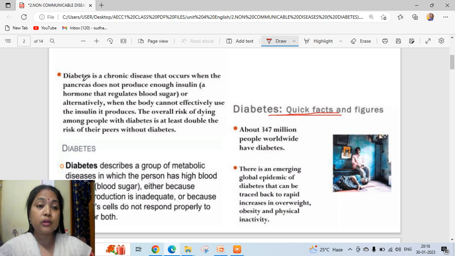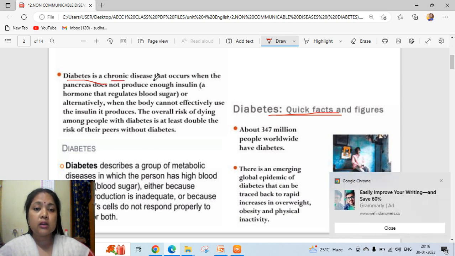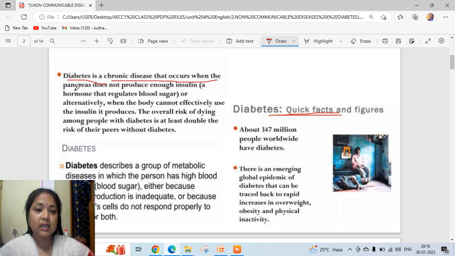Diabetes is a chronic disease that occurs when the pancreas does not produce enough insulin. What is insulin? Insulin is a hormone that regulates blood sugar, or alternatively, when the body cannot effectively use the insulin it produces.